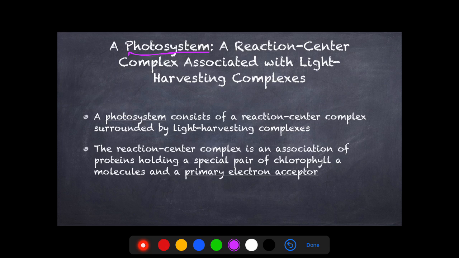There's something called a photosystem, which is basically a reaction center complex that you associate with light harvesting complexes. So let's talk about this. A photosystem is composed of a reaction center complex that is surrounded by a light harvesting complex. I have a diagram of this that I will show you. The reaction center complex is basically made up of proteins that keep a pair of chlorophyll A molecules and a primary electron acceptor together.